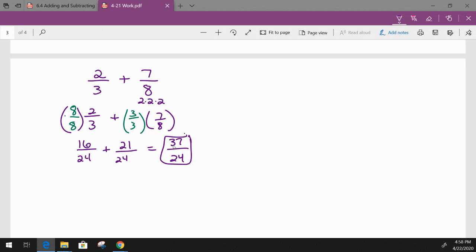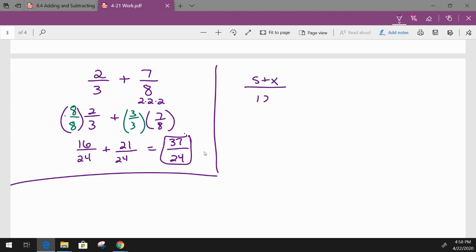Okay, but in this next example, I'm going to actually put a variable in there, and I'm going to have a minus sign. But you do not want to always simply multiply the denominators together to get your common denominator. In many cases, that is true because the denominators do not have any common factors.